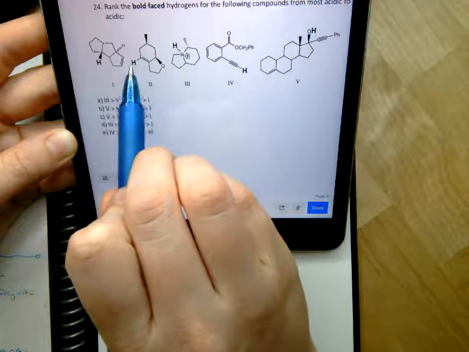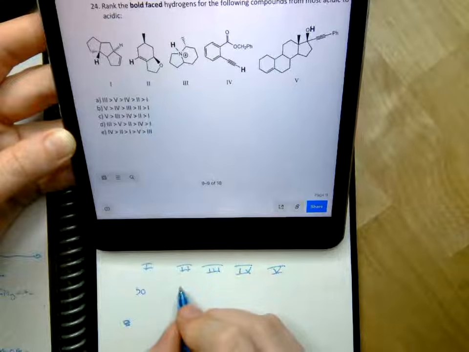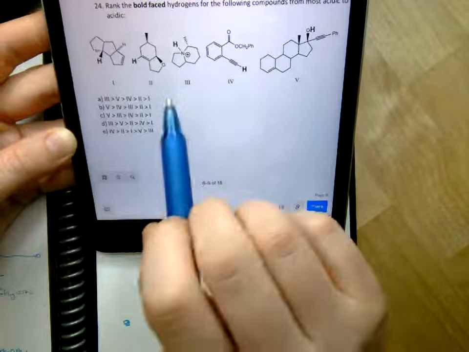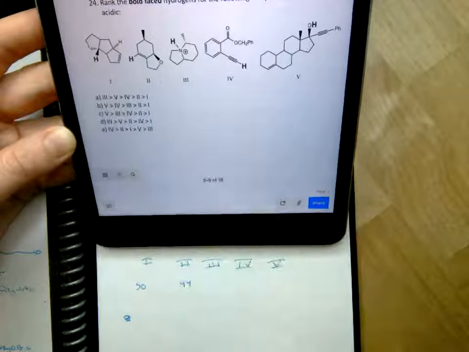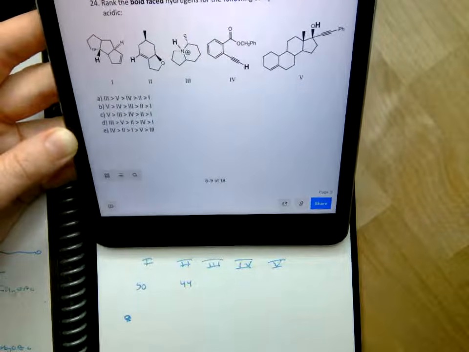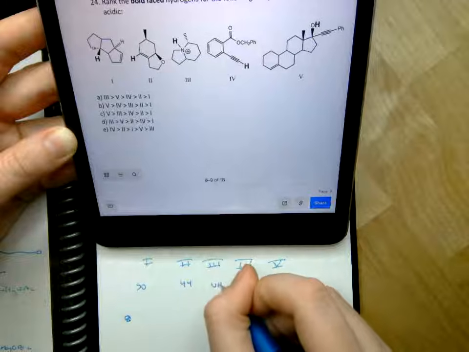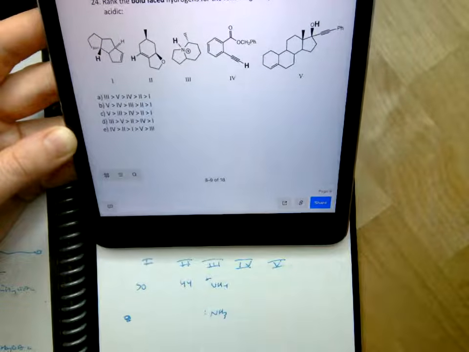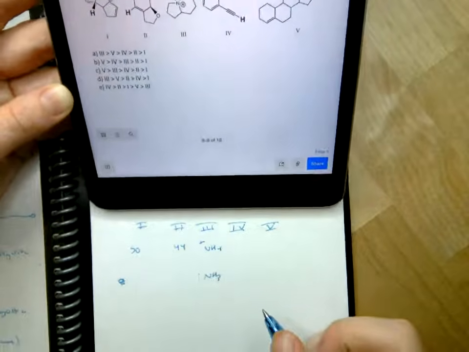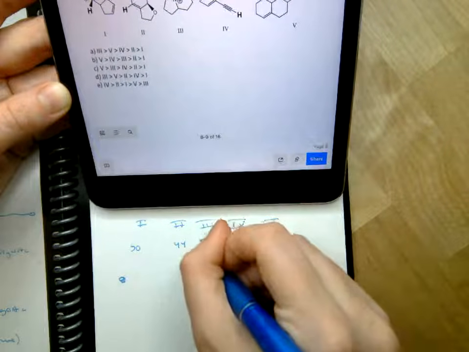This one looks to be a hydrogen off of an sp2 hybridized carbon, so that should be around 44. This one looks to be a hydrogen off of a nitrogen, but that's positively charged. So that would be similar to NH4 plus rather than NH3. That's the biggest thing students get wrong on these. The pKa of NH4 plus is like 9 to 10.